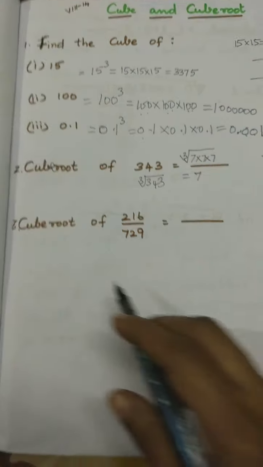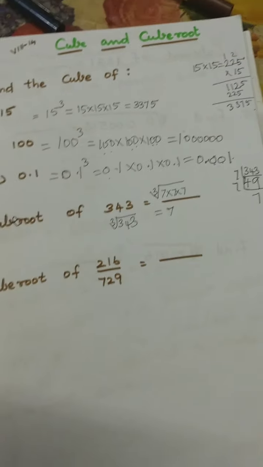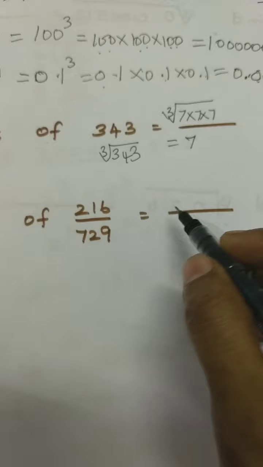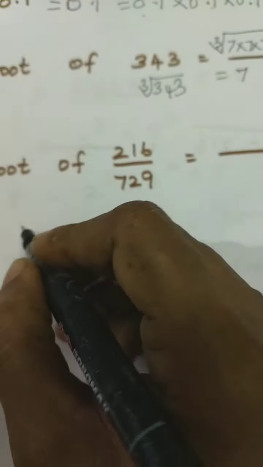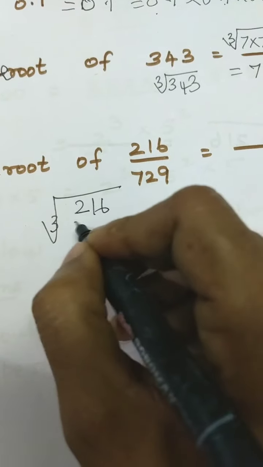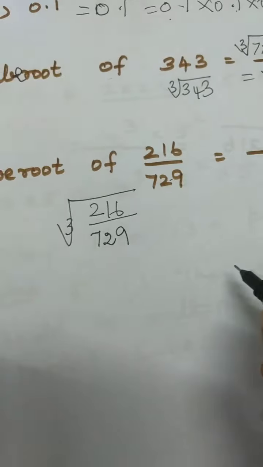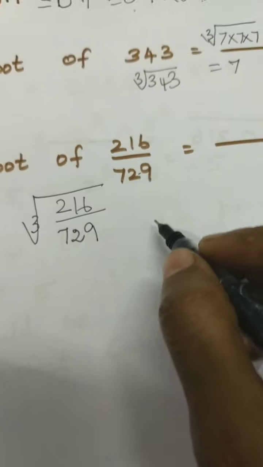Then we shall see the cube root of 216 by 729. We know that I have to write it like this. They said cube root, so they didn't write the cube root. Now we have to write first like this.